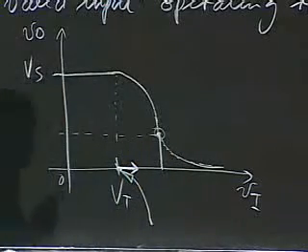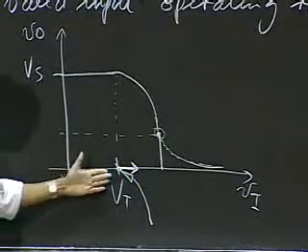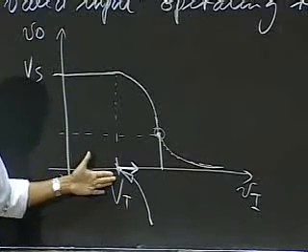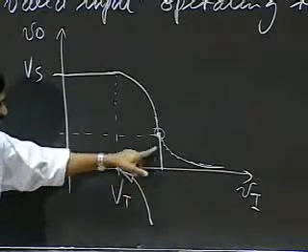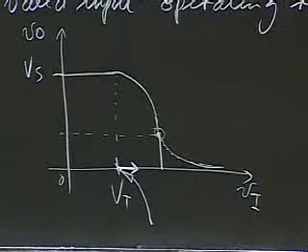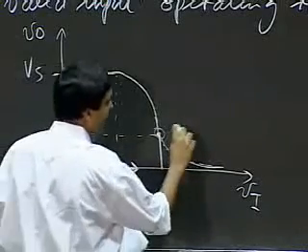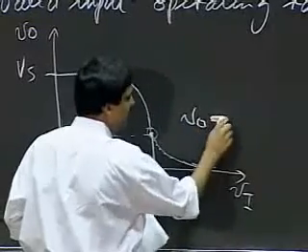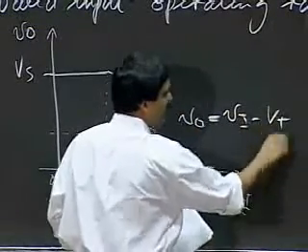At that point, the following is true. Certainly VGS, or VI, is greater than VT. And at that point, the output goes below the input minus one threshold. So at this point, V0 is equal to VI minus VT.